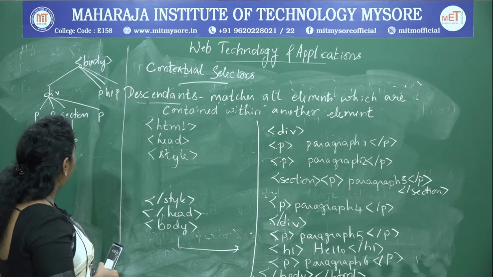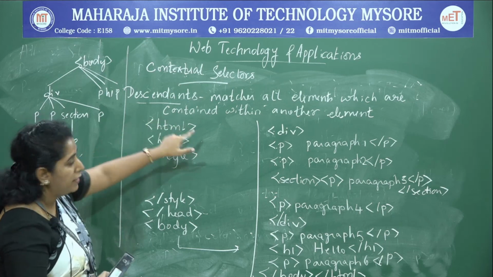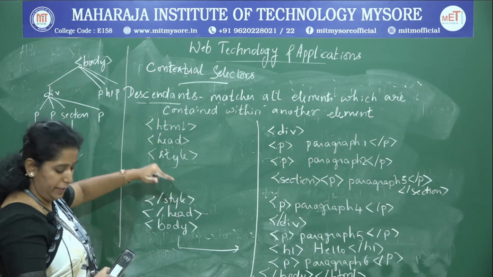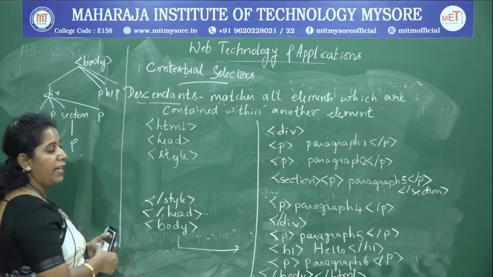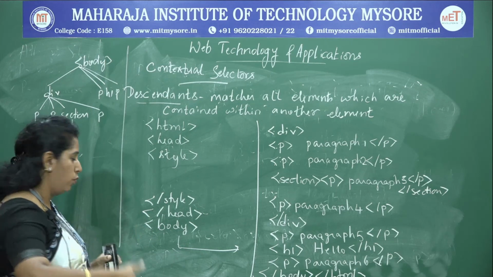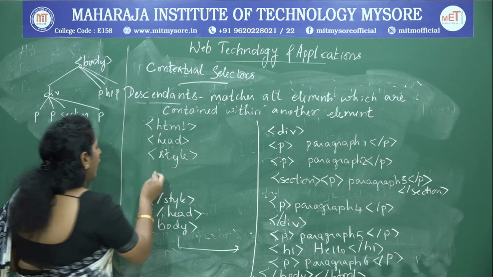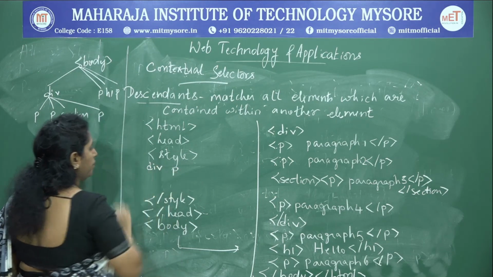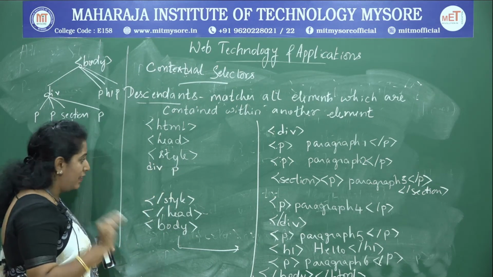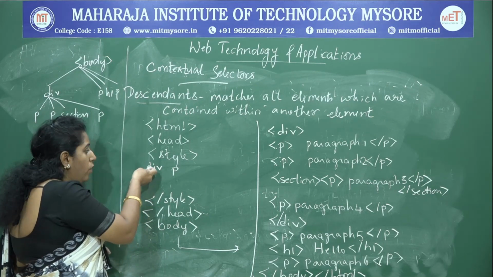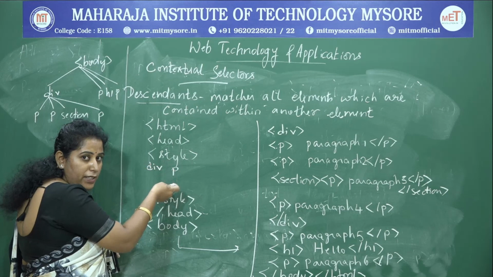So now, descendants means it matches all elements which are contained within another element. Is it right? So I have to set for which element you are setting the rules. Style. Okay. I will take div space P. It means that for an element div, what are all the descendants present?